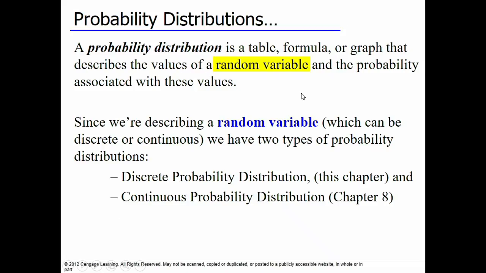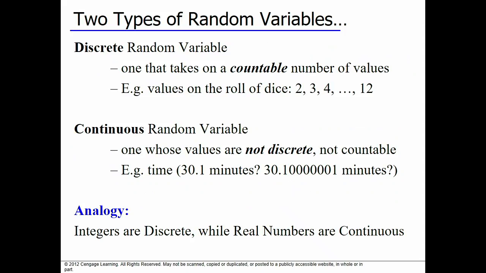So let me give you a couple, and let's see if you can do those. How about your score? Let's go back to this. Your score on a 10-point quiz. Is that going to be a discrete or a continuous random variable?